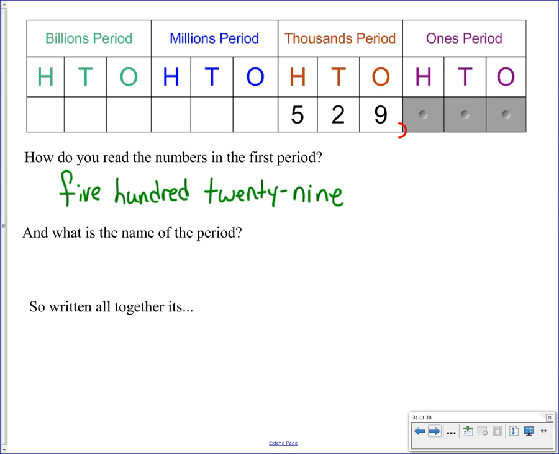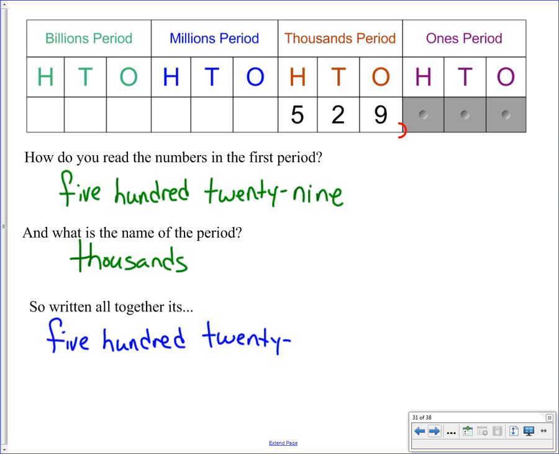Well, it's in the thousands period. So if I put it together, my number would be 529,000. So just that number right there would be written as 529,000.